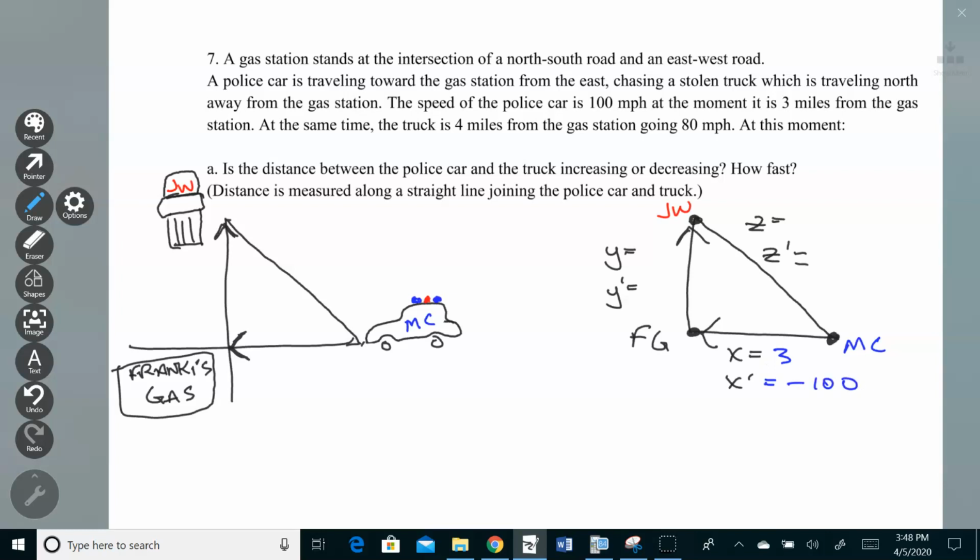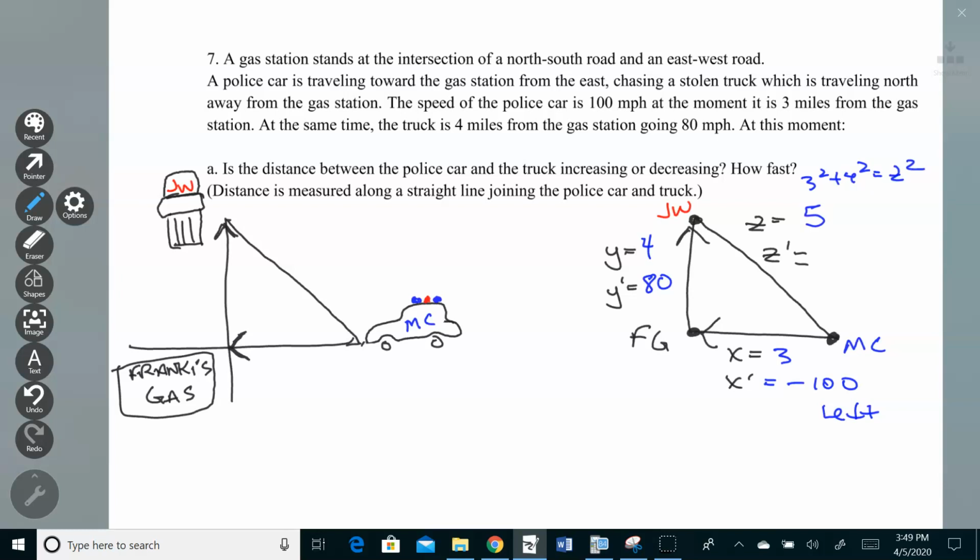The reason it's going negative 100 is because it is going left. To the right is positive, to the left is negative. Y is the truck. It's 4 miles, and it's going 80 miles per hour. The way I could figure out z is my Pythagorean theorem of 3 squared plus 4 squared is equal to z squared. So my value for z is 5.